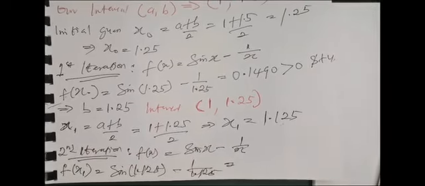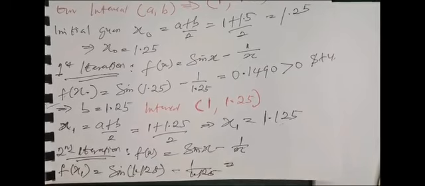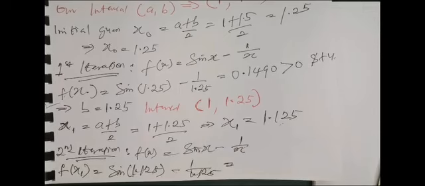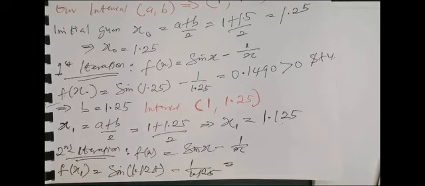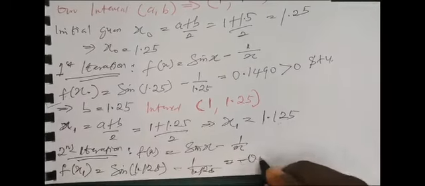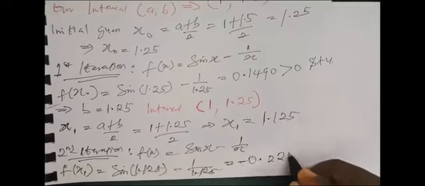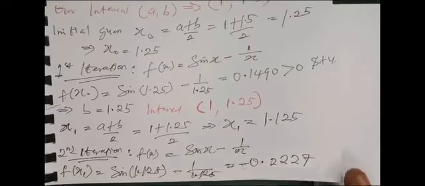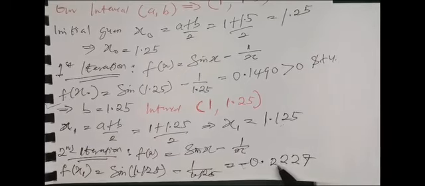Do well to punch along as well to avoid calculation errors. So this gives me negative 0.2227.